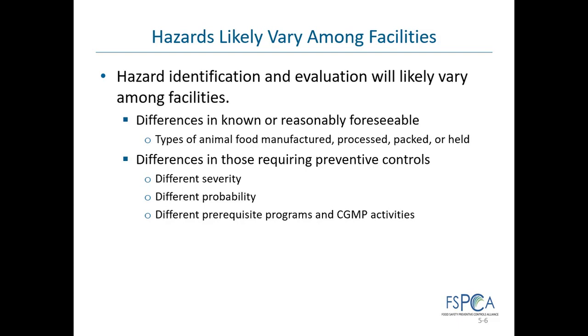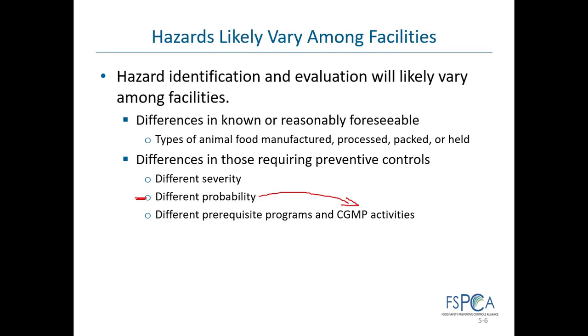Okay, from there, now that we've done the identification, the evaluation part can be a little bit different also. So I talked about probability, how we can change probability a little bit already. Remember that probability takes into account your CGMP program. So if you have a very good CGMP program and you're doing documentation and you have history of that CGMP program working, that decreases the probability of a particular hazard happening in your facility.